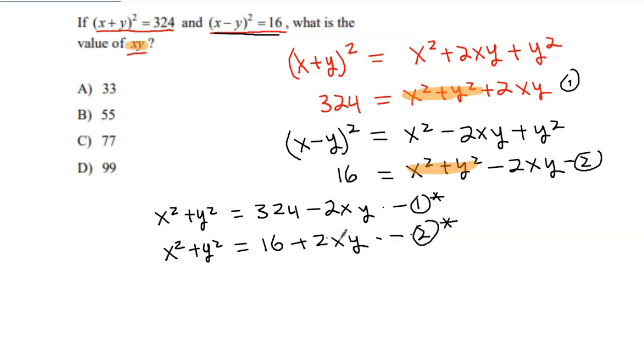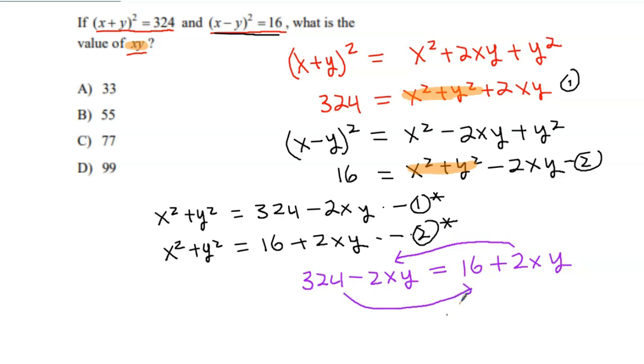Now we can equate the two. So let's go ahead and equate the two. So we can say that 324 minus 2xy must be equal to 16 plus 2xy. If that is the case, we can bring this one here and take this one over there.